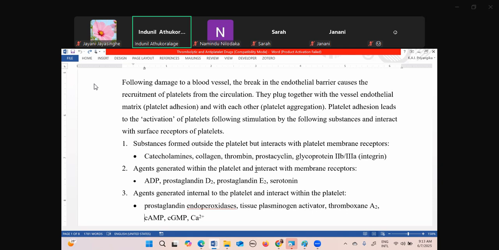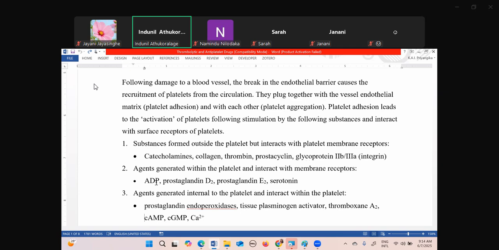One is substances formed outside the platelets but interacting with platelet membrane receptors, like catecholamines, collagen, thrombin, prostacyclin, glycoprotein 2A, 2B and 3A. So these kinds of substances are formed outside the platelets, right? But they can interact with the platelet membrane receptors and activate the platelets.